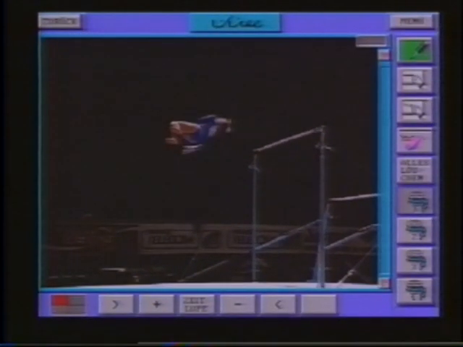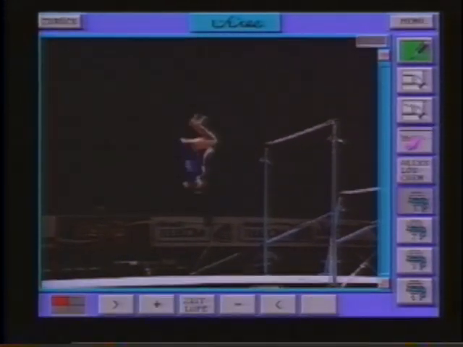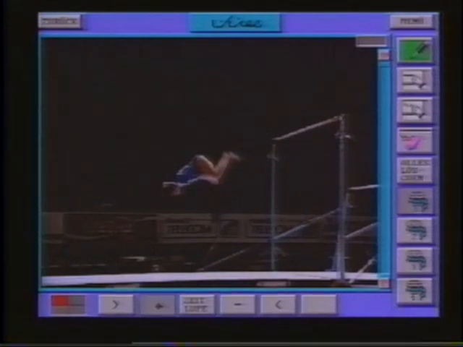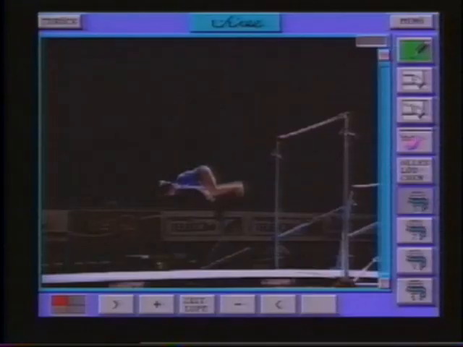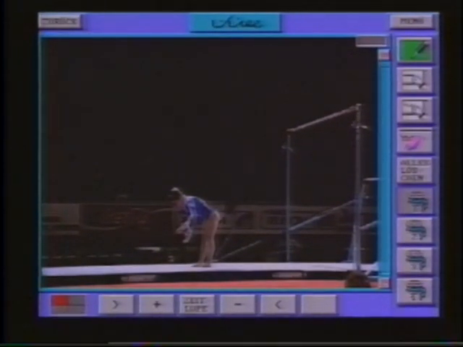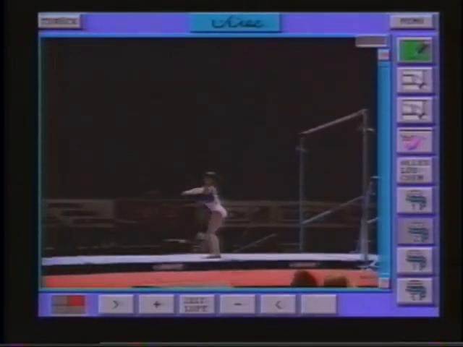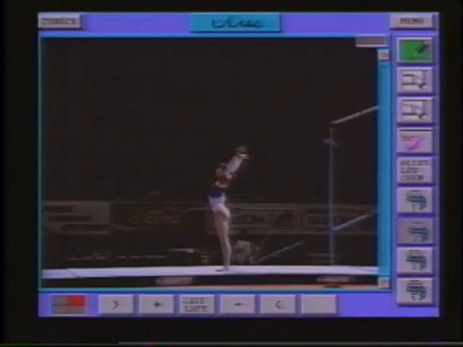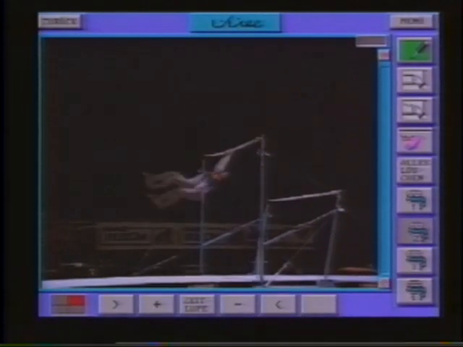Bonus points for extra D. Same dismount, open legs, minus 0.1. Bonus points for extra D.